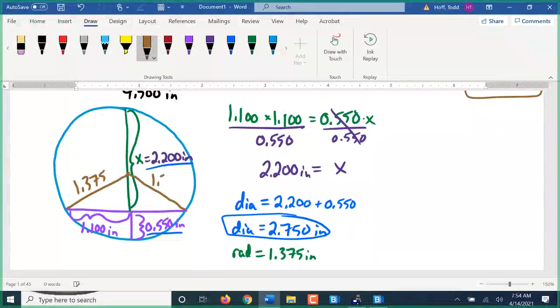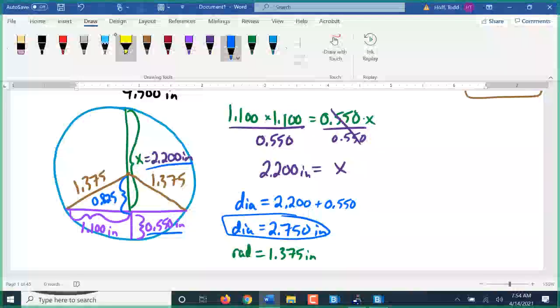So this distance here, 0.825. How did I find that? Radius is 1.375.